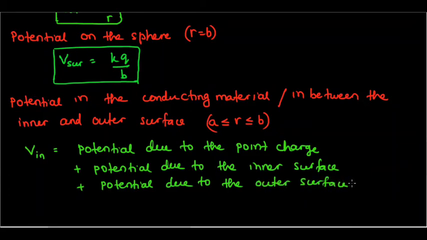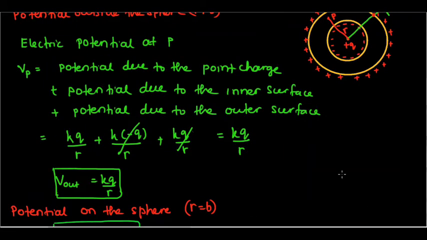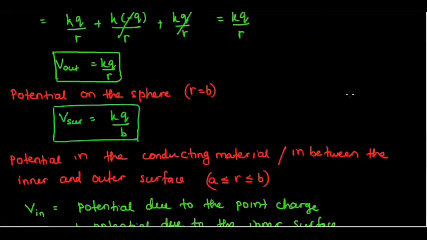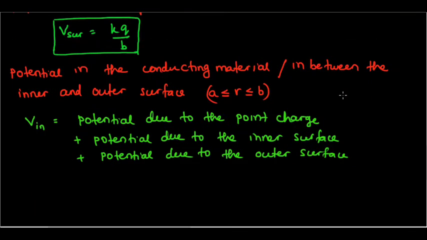So the point P is at a distance r from the point charge plus q. So the potential due to the point charge will be how much?